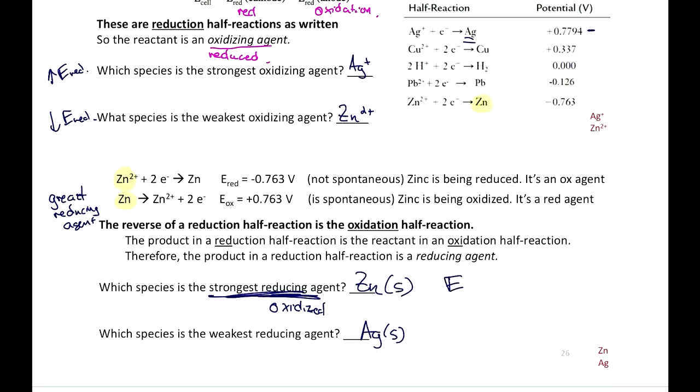So you're looking for the most negative reduction potential, because what that means is that the oxidation potential is really high, since those are just reverses of one another. Here, the weakest reducing agent will have the highest reduction potential, meaning that it has the lowest oxidation potential.